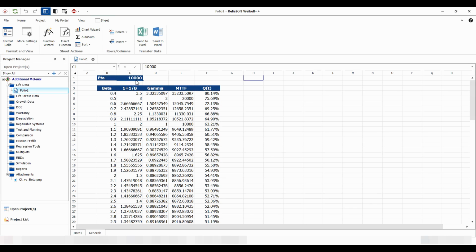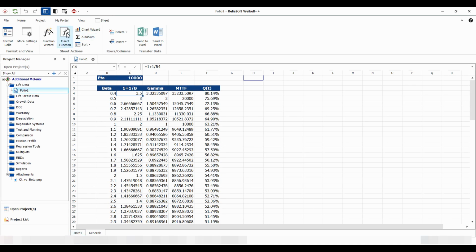So we fixed an eta of 10,000 hours, and we do a range of beta from 0.4 to 10. By doing that, we get infant mortality all the way up to fast wear out. Then we compute the 1 plus 1 over beta, which is an element of our mean life. Then we use the gamma function, but we don't use the function wizard, because the function wizard gives us functions that are linked to the actual folio, and the folio where we got our data doesn't have any data on that.